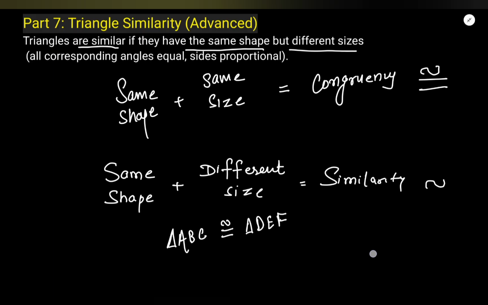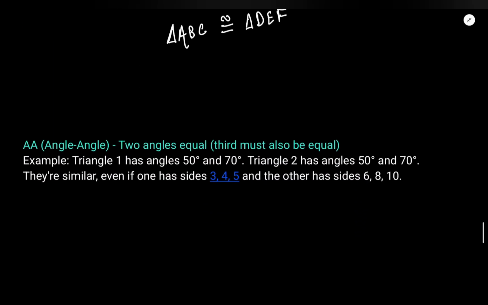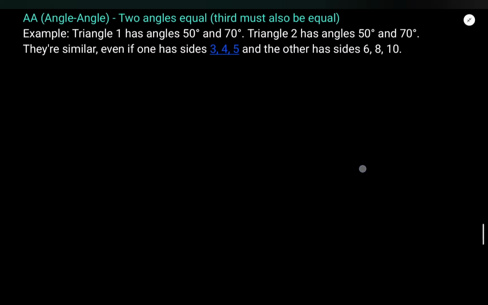Okay, and now we will come to some rules of similarity. They are saying when two angles are equal, then the third angle will always be equal, right? Let's see. Suppose I have this side, this side and this side. Two angles are equal.